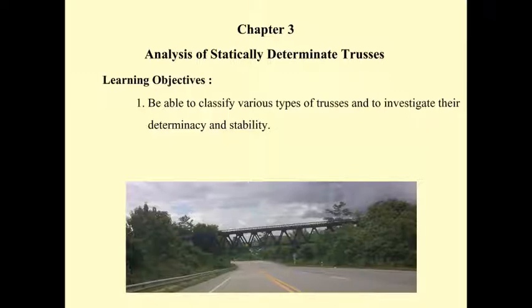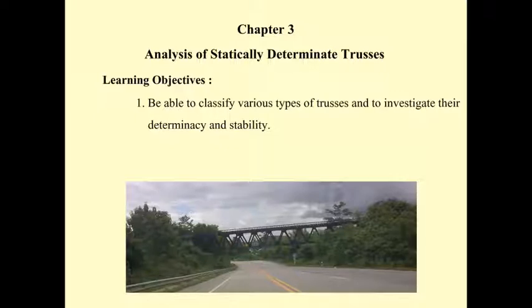So if you have 10 joints, you are going to have a total of 20 equations of equilibrium. So if j is the number of joints, the number of equations of equilibrium is going to be 2j.